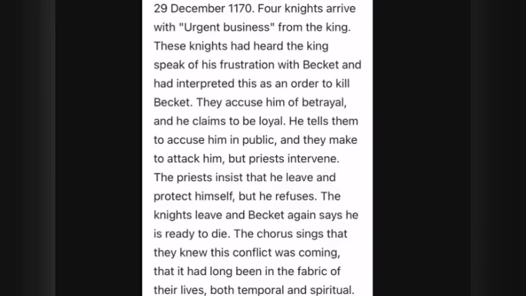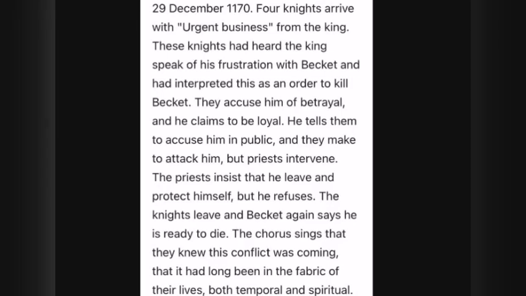They accuse him of betrayal and he claims to be loyal. He tells them to accuse him in public and they make to attack him, but priests intervene. The priests insist that he leave and protect himself, but he refuses. The knights leave and Becket again says he is ready to die.